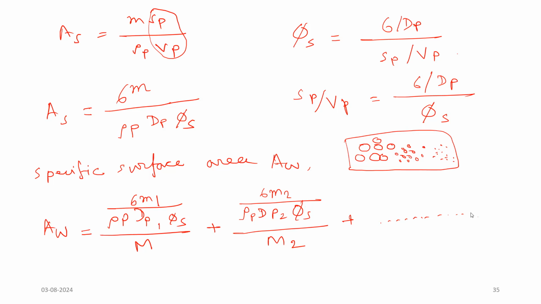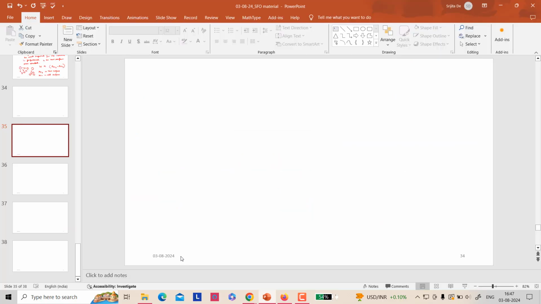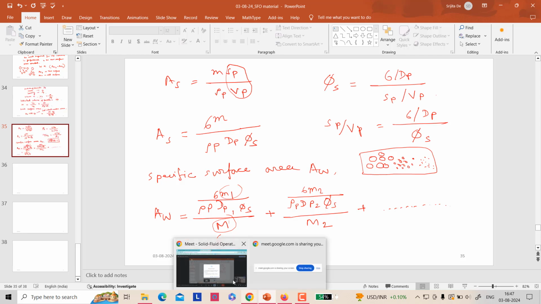Now we separate m1 by m, leaving the rest of the terms: 6 by rho p dp1 phi s times m1 by m. We know that m1 by m is nothing but the mass fraction of that particular size of particle in the mixture, right?